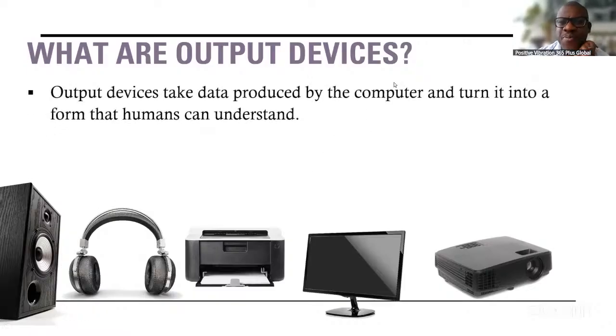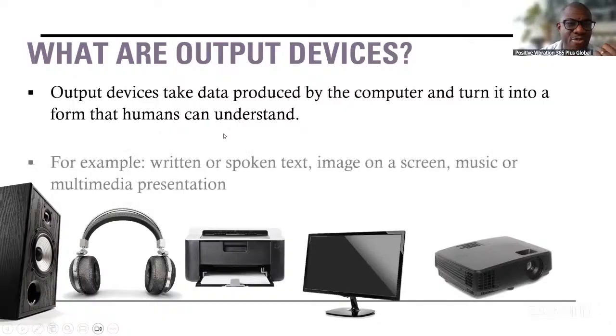The purpose of an output device is to take output produced by the computer and turn it into a form that humans can understand. You might want to have that fancy definition somewhere. Output devices take data that is produced by the computer and turn it into a form that humans can understand, whether, as you mentioned earlier, we can hear it in terms of sound or read it as text.